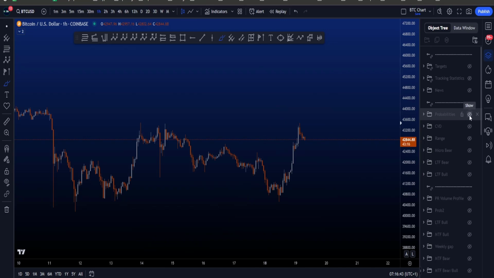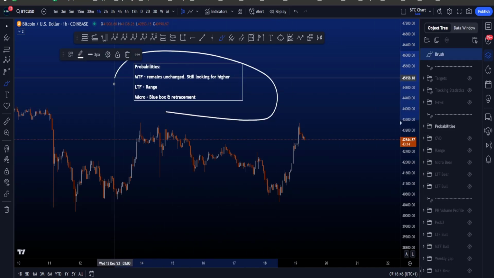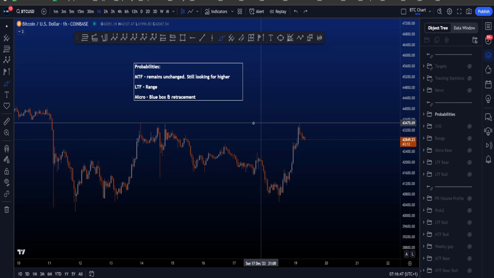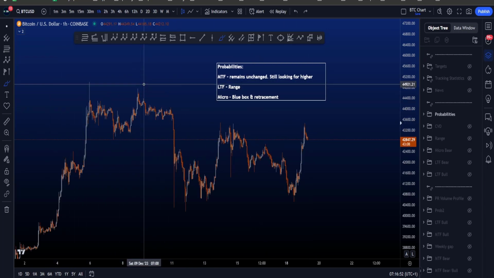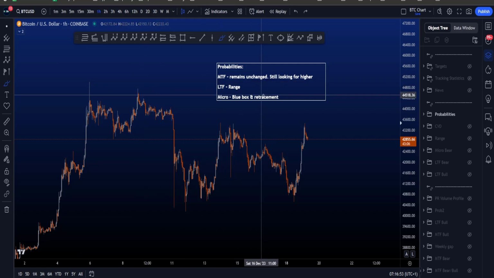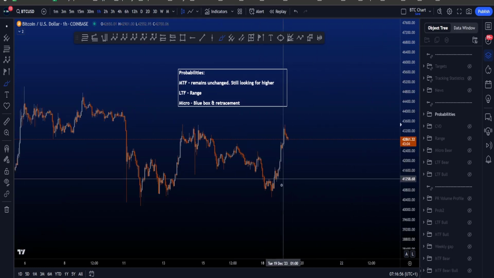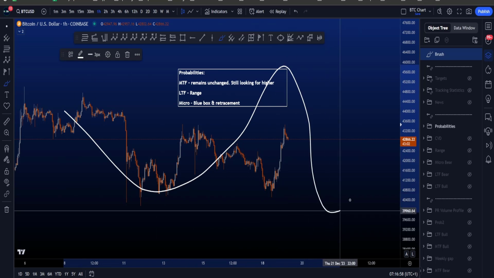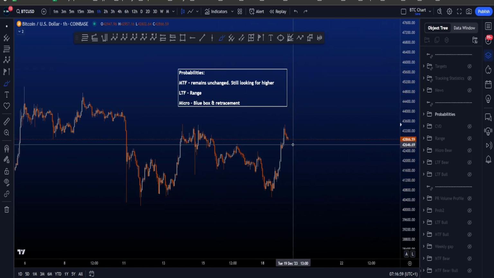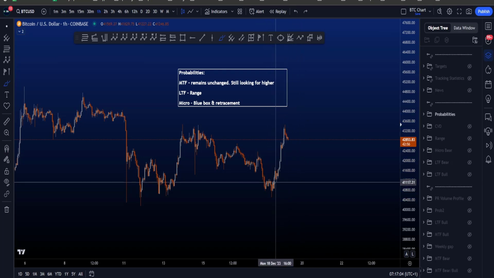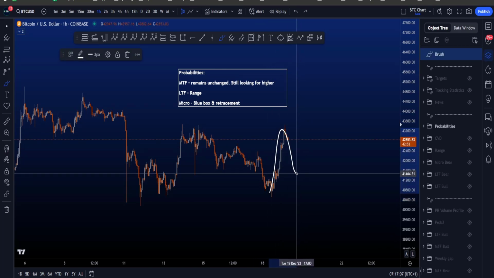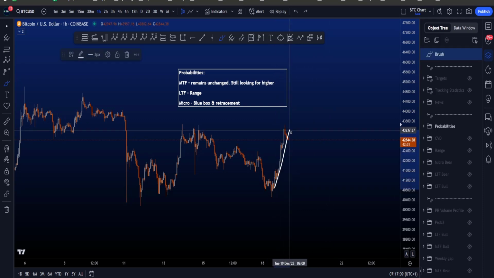If we then go to the probabilities of the different scenarios, then on the medium time frame it remains unchanged. We are still looking for price to take these highs over here and move above 45k. On the low time frame, probabilities are at the moment higher. We continue ranging over here for a while, but as mentioned, probabilities at the moment are a bit lower for this to be a wave C compared to this being a wave A, B, C, or a wave 1, 2, 3.